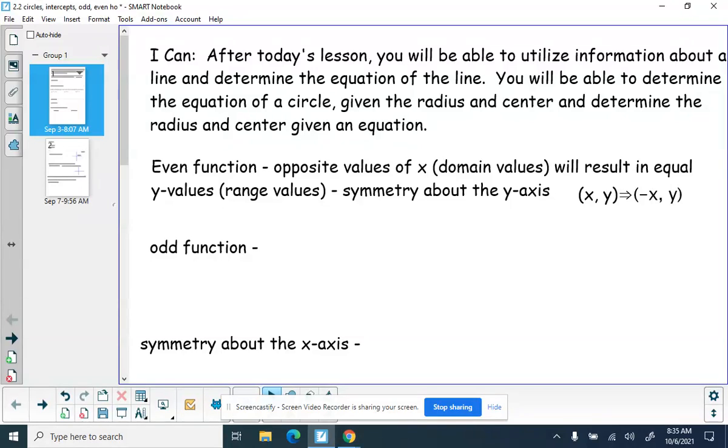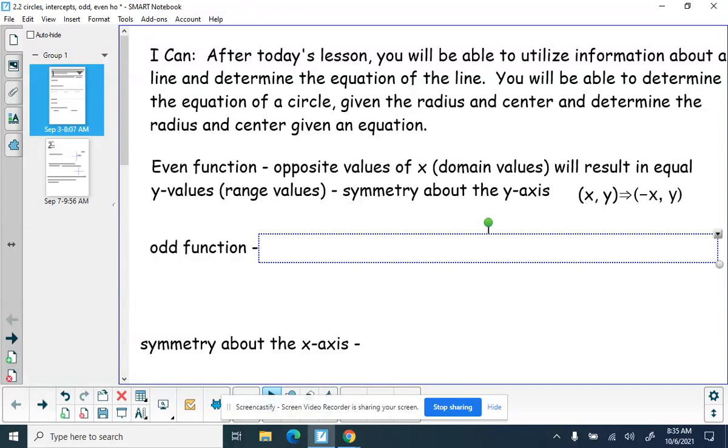Negative x will give you the exact same y value. So you have an x and a y. If you have some value of x and you get a value of y as a range value, and you put in negative x, you're going to get the exact same y value.